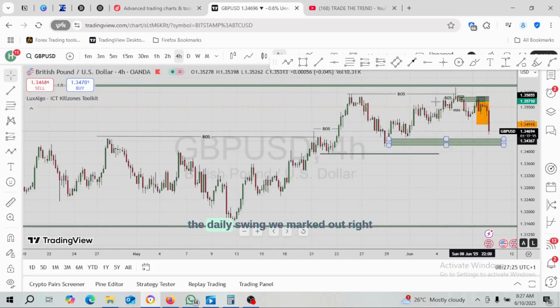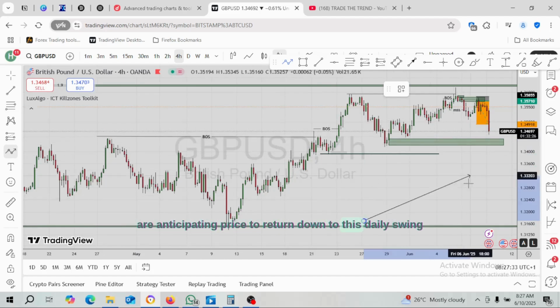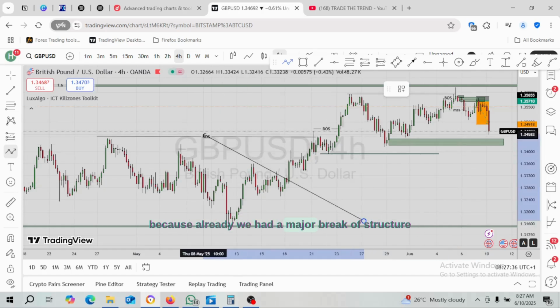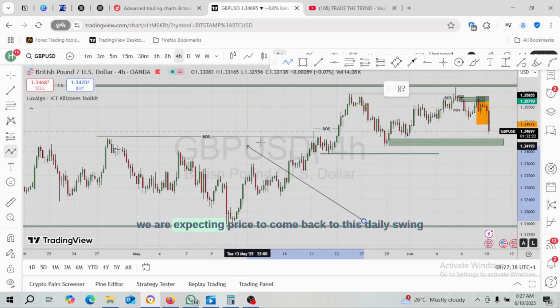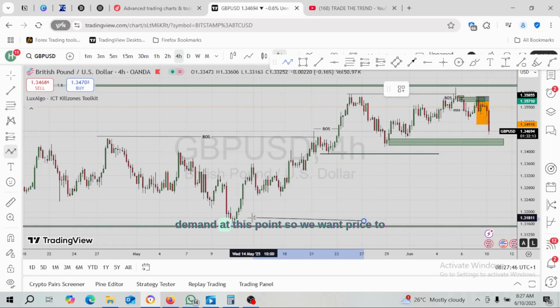So now this is the daily swing we marked out, right? Good. So we are anticipating price to return down to this daily swing because already we had a major break of structure. We are expecting price to come back to this daily swing and react from this level. And you can see there I drew out my horizontal level, and there is a demand at this point.